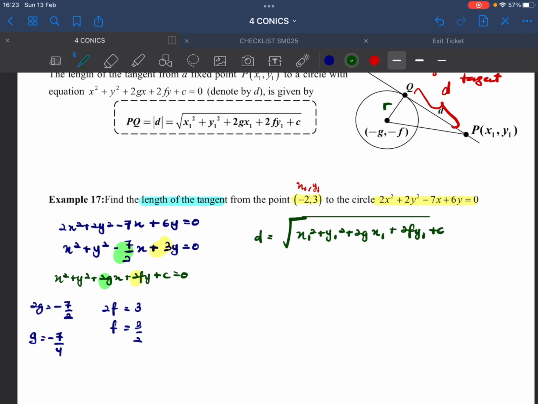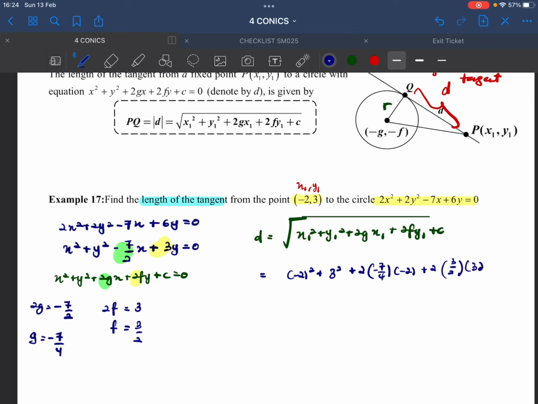Let's substitute everything. x1 here is negative 2, so we have negative 2 squared. y1 is 3, 3 squared, plus 2 times g, which is negative 7 over 4, multiplied by negative 2, plus 2 times our f, which is 3 over 2, times y1, which is 3.